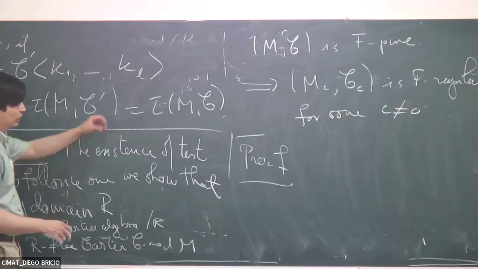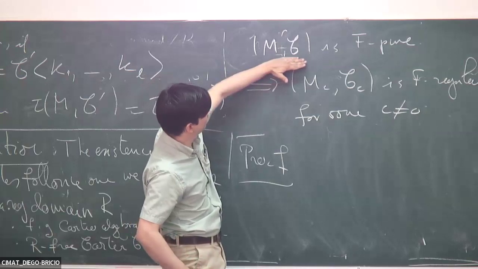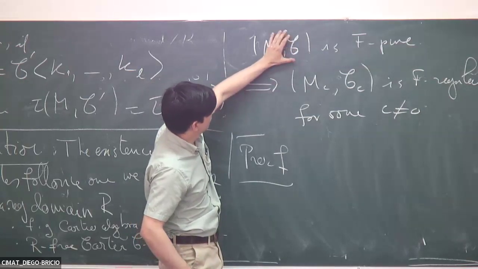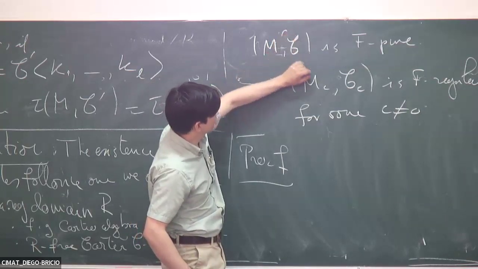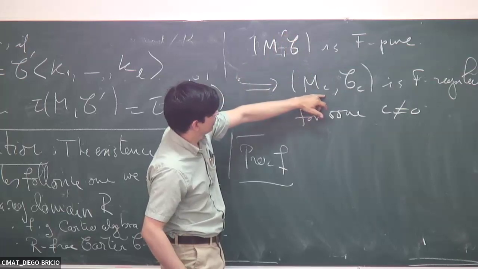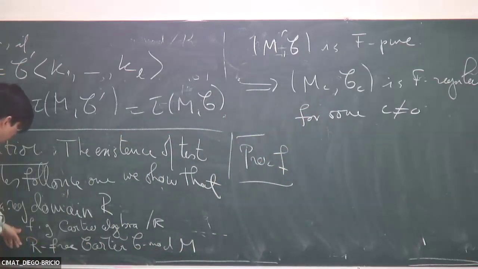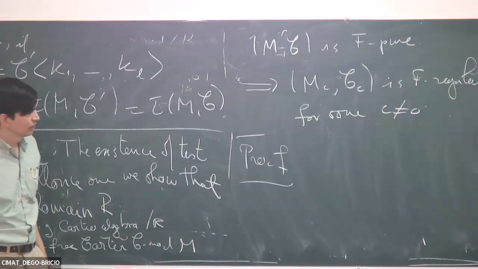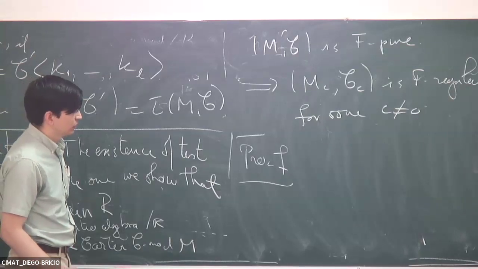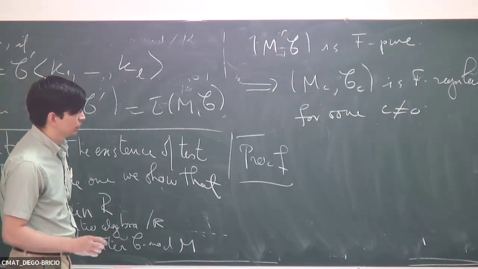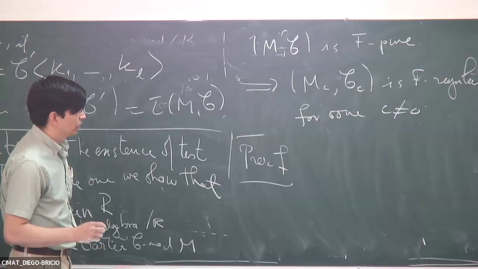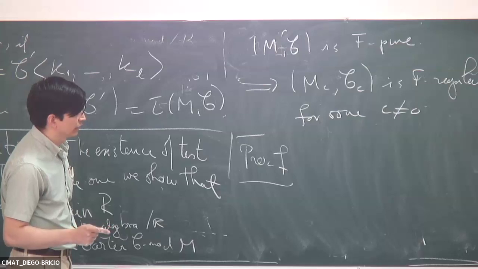And to prove that, we can also assume that it is pure. And in that case, what we have to prove is generic F regularity. But what we were missing is exactly how you restrict to a finitely generated Cartier algebra. Yeah, from the previous lemma.